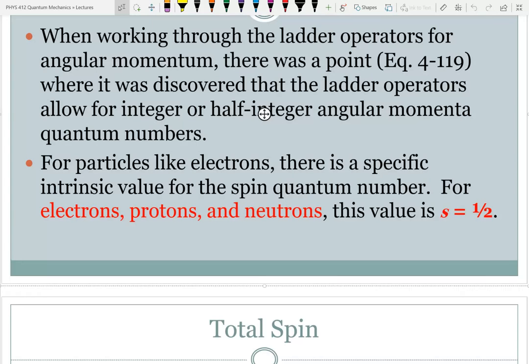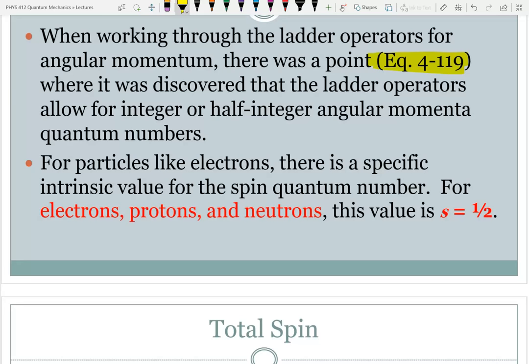Our particles that we're dealing with, if we were to look at equation 4.119, which I did not bring out specifically in my lecture last class period, it's on page 165, I believe. Yeah, 165.